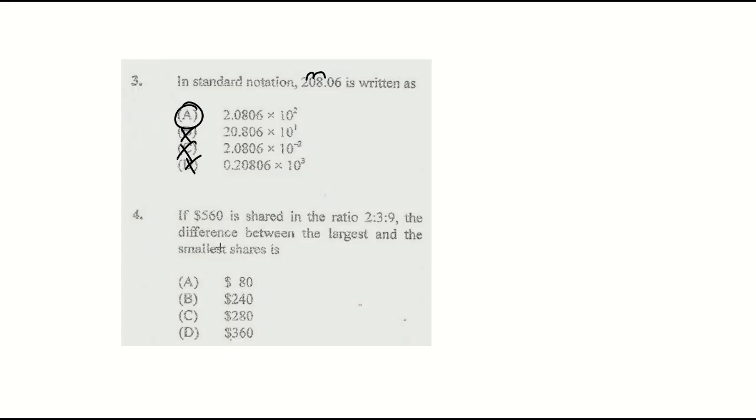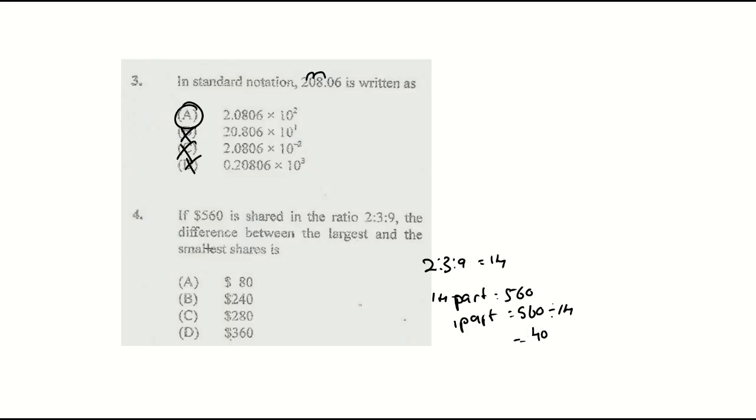The answers didn't really change. 560 is shared in a ratio of 2 to 3 to 9, which we know is 14 parts. 14 parts is equal to 560, so 1 part would be 560 divided by 14, which I believe is supposed to give you 40.